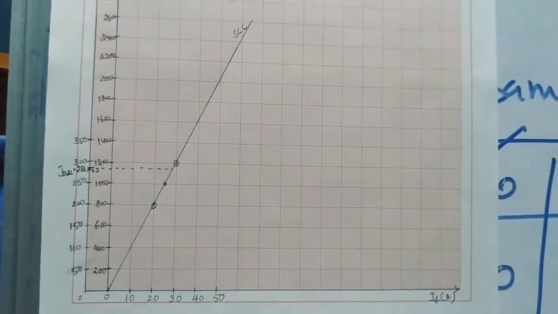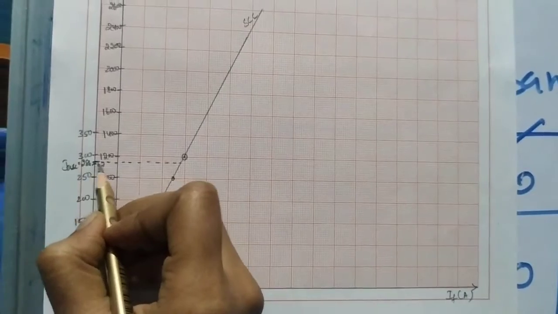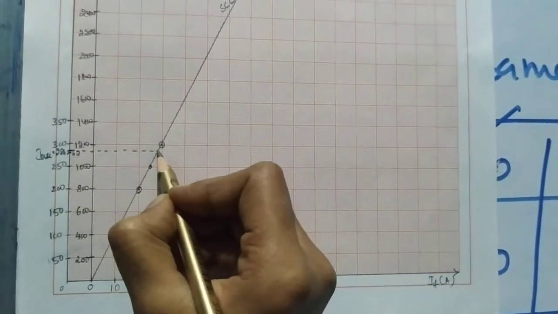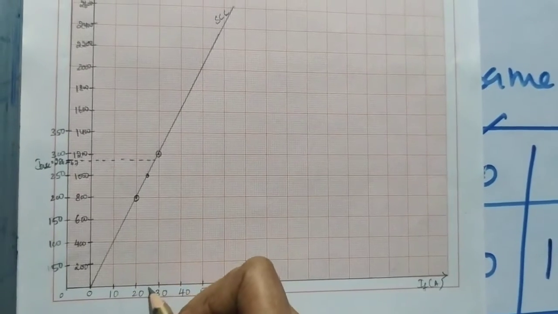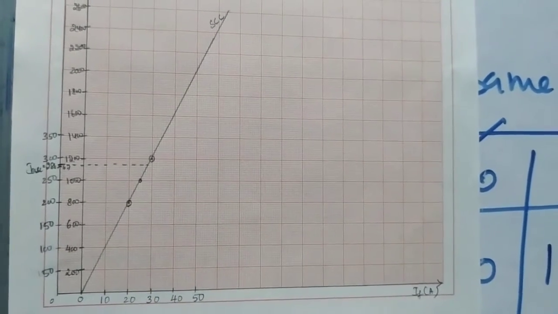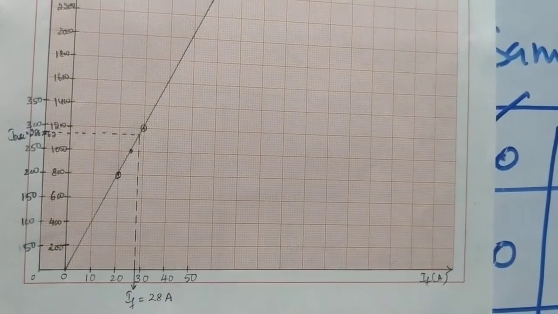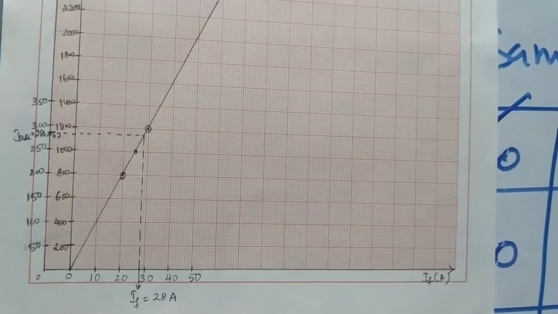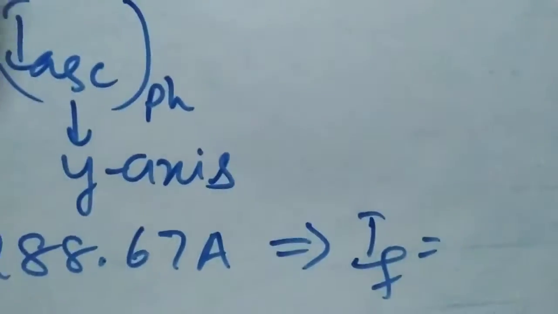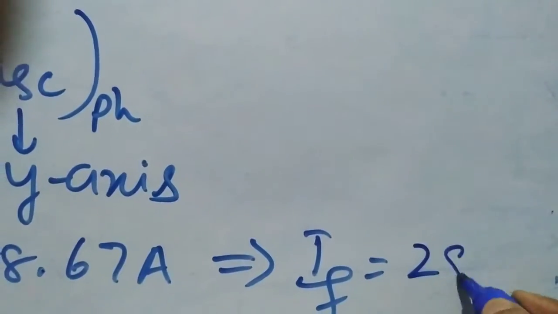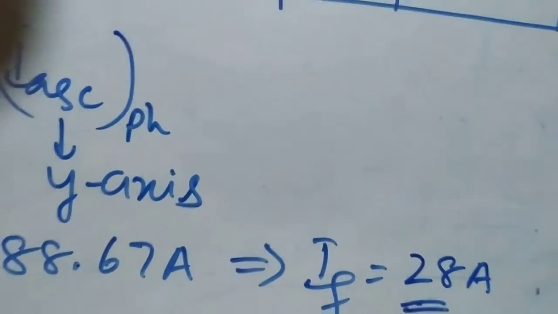For the value of 288.67 IAC phase, we have to intersect with the short circuit characteristic and determine the corresponding IF. Let us draw that. We get the corresponding IF value as 28 amps. So let us write here IF is equal to 28 amps.